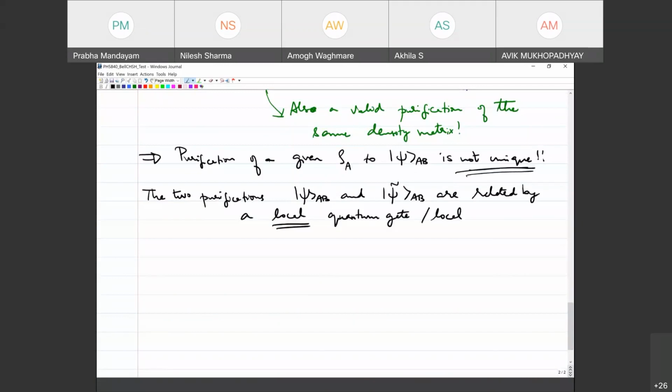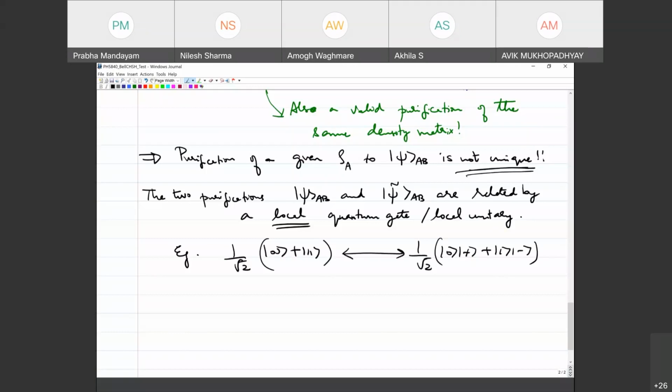In this example, where you have 1 over root 2, 0, 0 plus 1, 1, and the other purification is 1 over root 2, 0 plus 1 minus, you can go from one to the other. So it's identity on A and Hadamard on B. Okay.